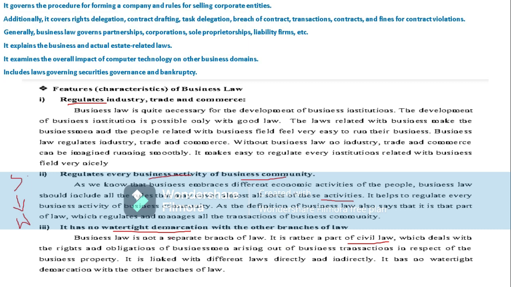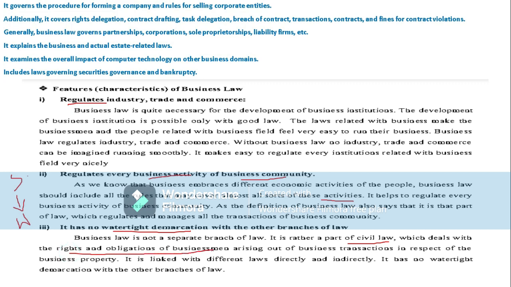So it is a separate law, but within the law, a separate branch which deals with the rights and obligations of businessmen. So we all know what business law deals with: the rights and obligations of a businessman, what to do and what not to do.